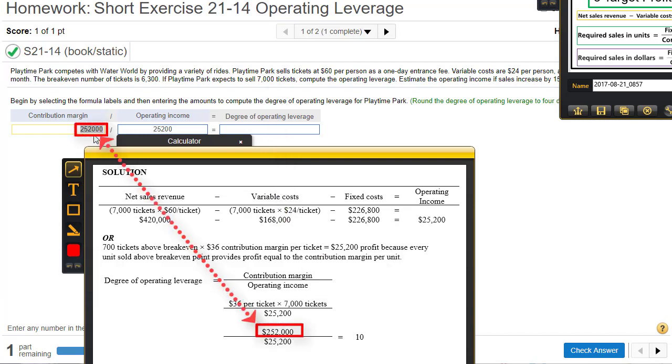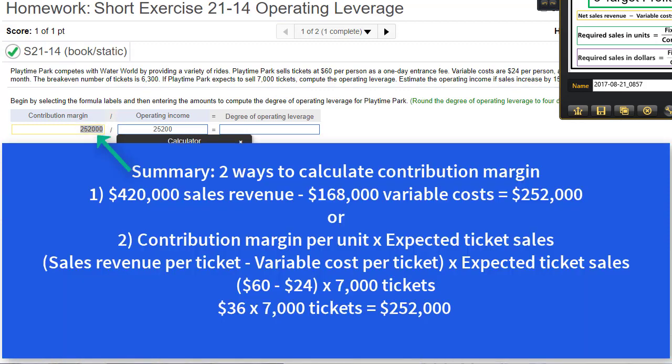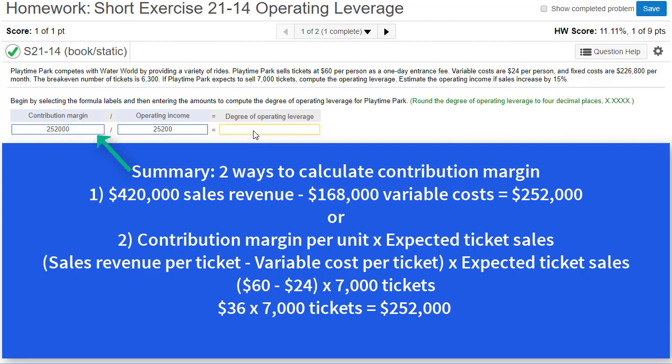So you can calculate the contribution margin either way. So 252,000 divided by 25,200 gives us a degree of operating leverage of 10.